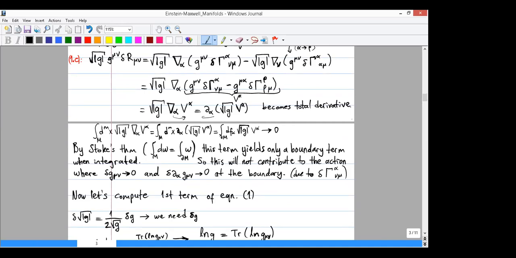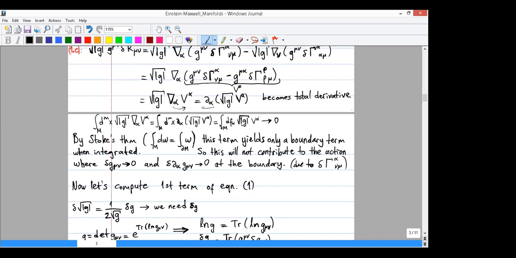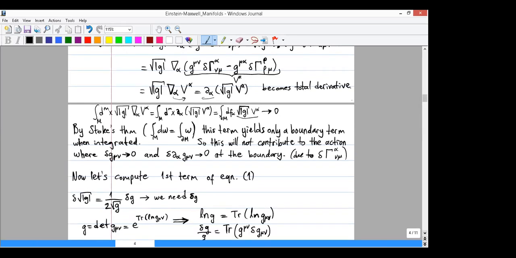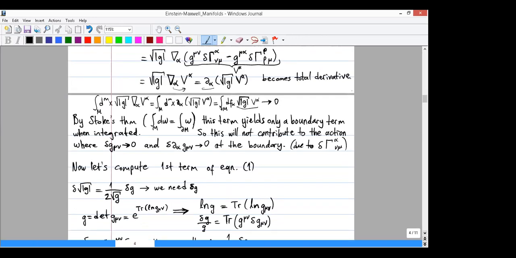Normally you have a partial derivative, but since we are taking the integral, we end up with this part. It yields only a boundary term when integrated, so this will not contribute to the action where delta g_mu_nu goes to 0, and also the variation of the derivative of g_mu_nu goes to 0 at the boundary.